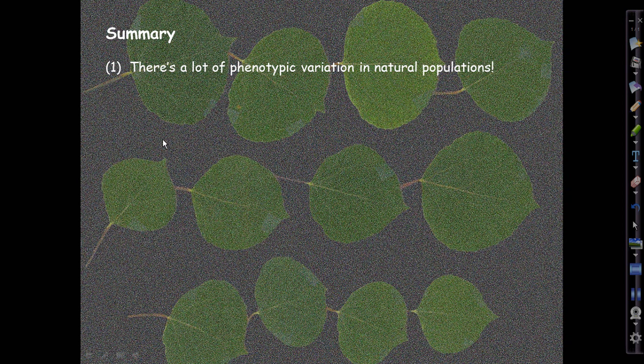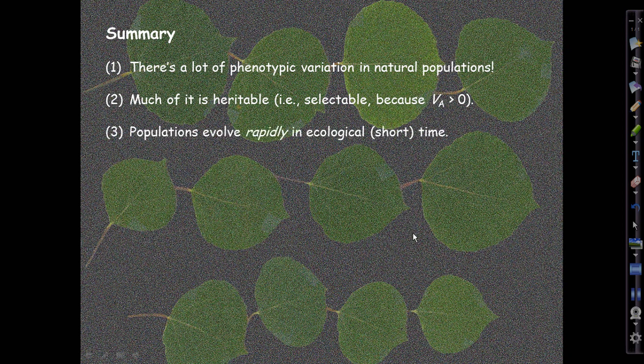All right, so in summary, there's a lot of phenotypic variation in natural populations, and a lot of it does turn out to be heritable, almost without exception, which is to say, it is possible to select on most quantitative traits and get a response because, at least in most environments, V sub A is in fact greater than 0.